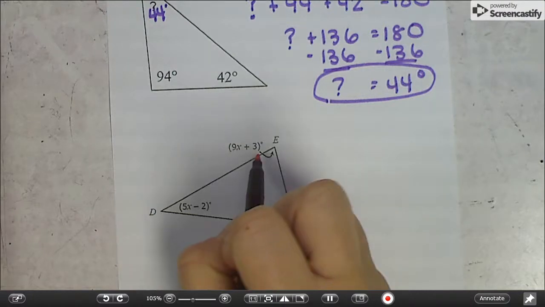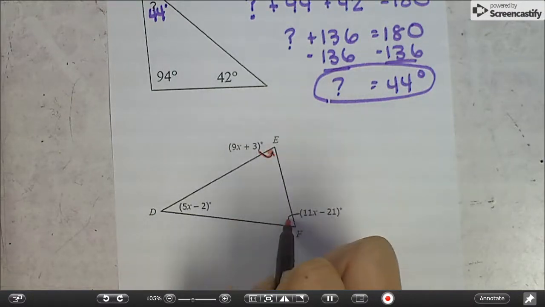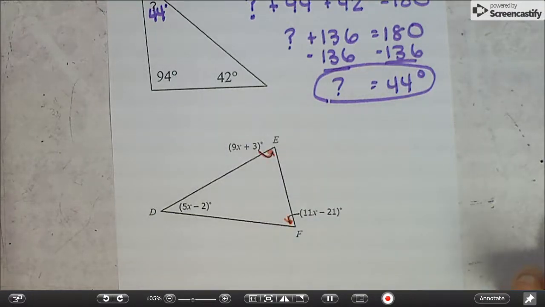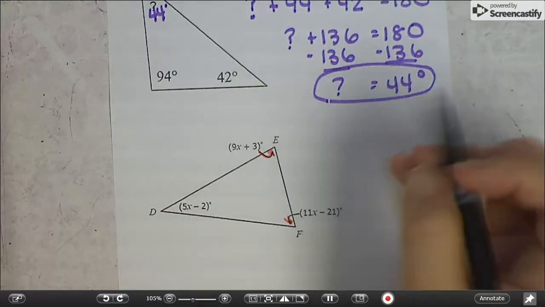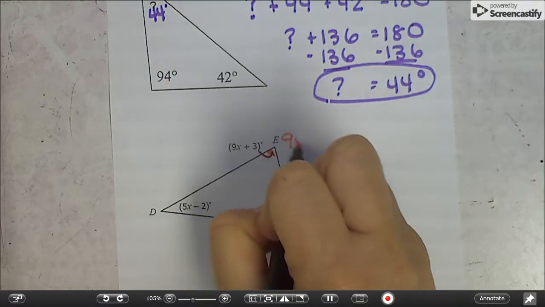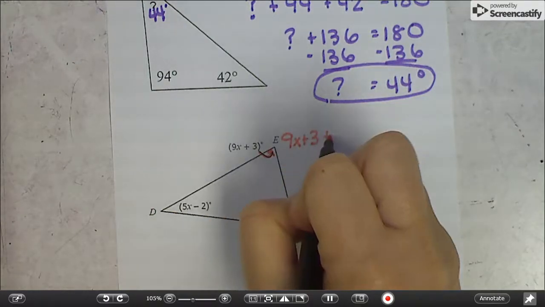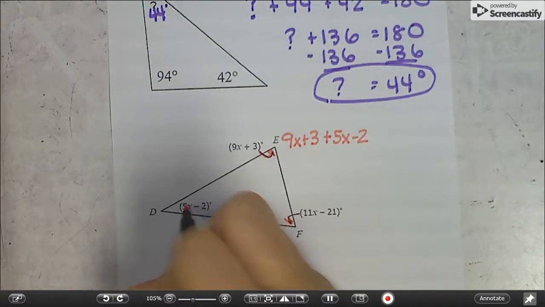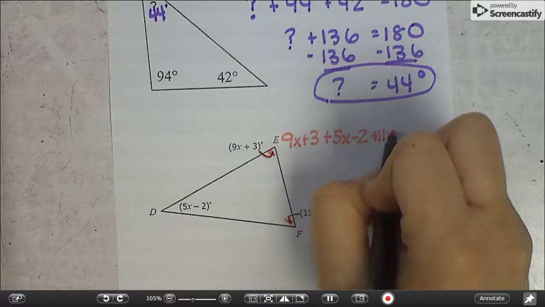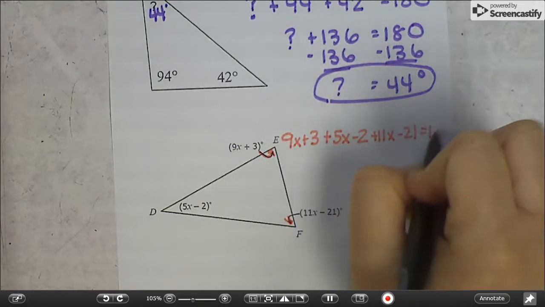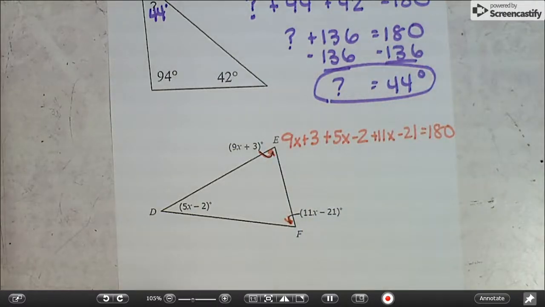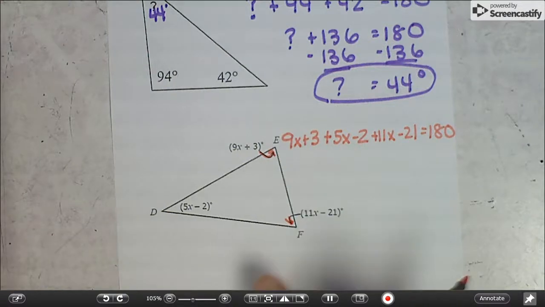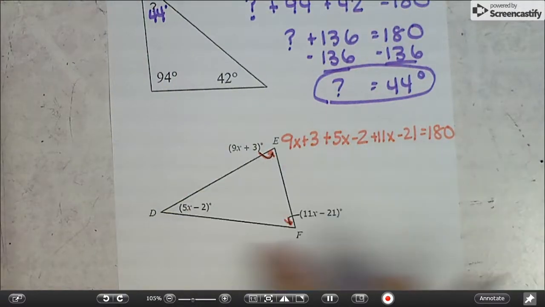Keep in mind these arrows are pointing inside the triangle. So this triangle would be 9x plus 3 plus 5x minus 2, so one angle, the second angle, and the last angle equals 180 degrees. You're going to add up all of it. Some of you may skip writing it out this way and just add all of this up.